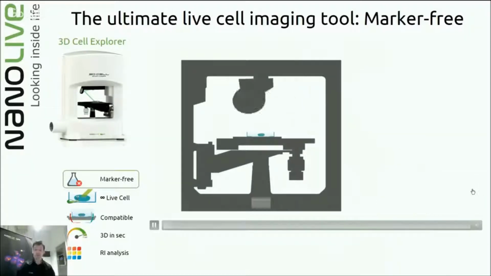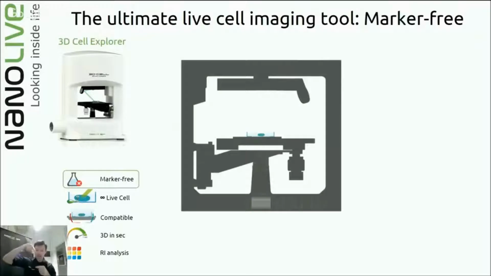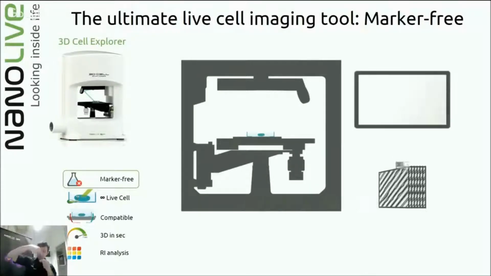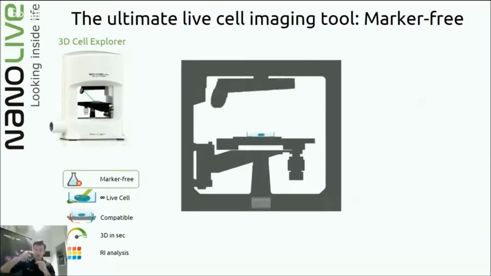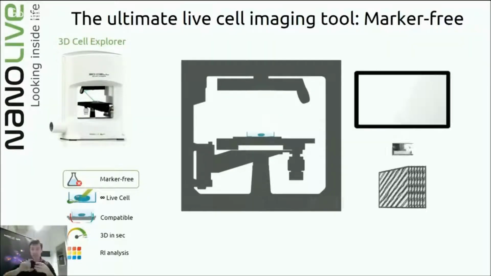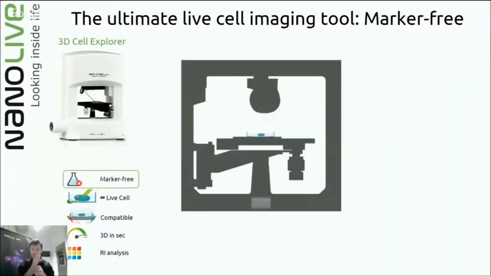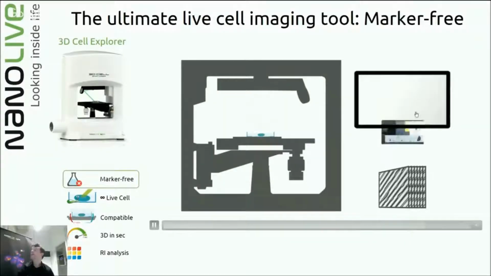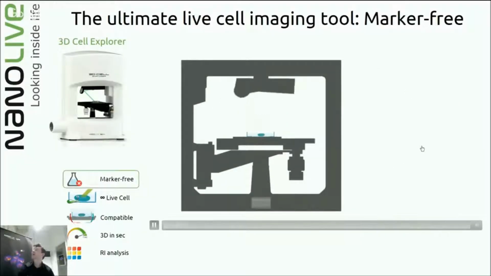This rotating arm, as you can see from the animation, shines the laser beam 360 degrees around the sample. Meanwhile, a camera takes a stack of pictures at certain angles. This stack is collected by the camera and processed by the software to give you this 3D reconstruction.